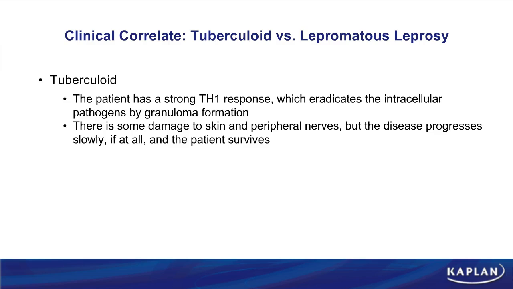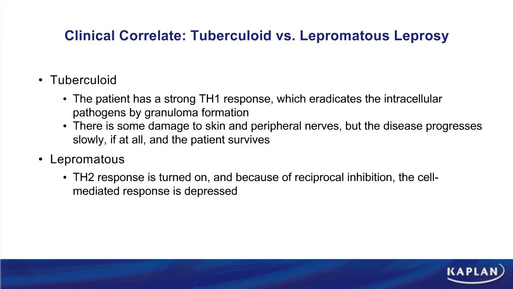When you are dealing with somebody who has lepromatous leprosy, there is a very strong Th2 response. So I'm not getting that wonderful cell-mediated immune response, meaning I am not able to contain or eradicate the infection. And these individuals will have a much more severe presentation.